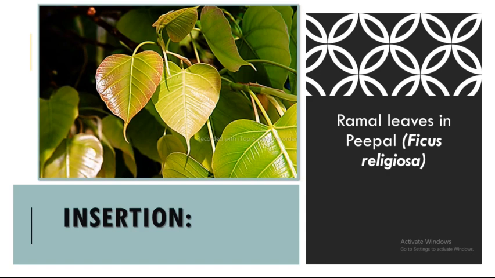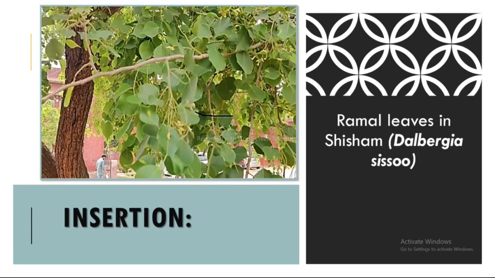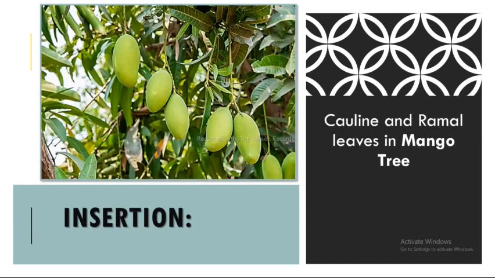These leaves develop on branches as in peepal. Ramal leaves in the shisham, Dalbergia sissoo. Next is the cauline and ramal leaves in mango trees, pertaining to the main stem as well as its branches, such as in the mango.